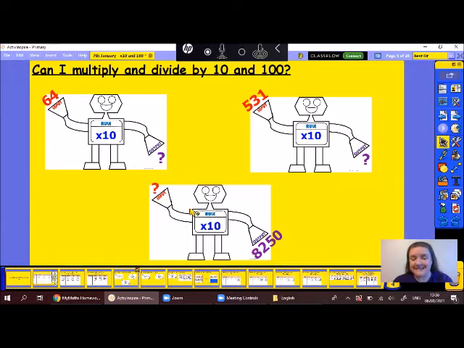What I've told you instead is what the output is. So the robot took in a number, multiplied it by 10, and it became 8,250. Pause the video now and have a go at all three robots.